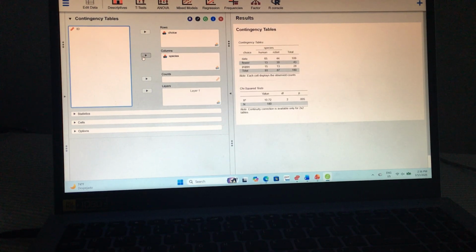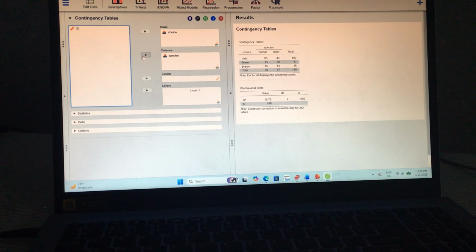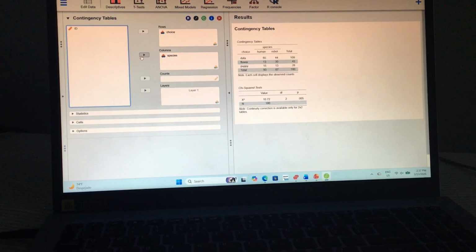In the last column, we have the row totals. Sorry, let me blow that up. There were 109 participants who chose data, 43 who chose flower, and 28 who chose puppy. And again, it's for a total of 180.